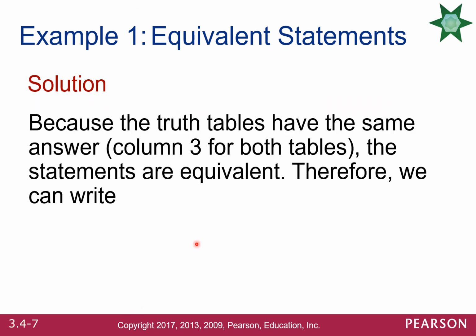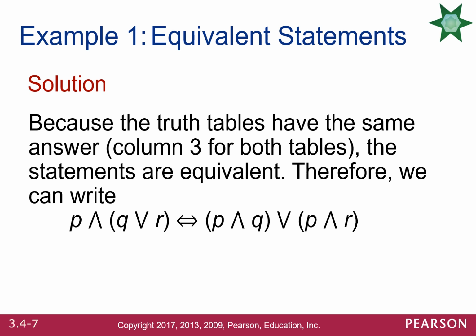Based on the truth table that we constructed, comparing the truth values of the two statements given to us, P and Q or R, and P and Q or P and R, we found that the final truth values were exactly the same. So we come to the conclusion that the two statements are equivalent, and we denote that using the symbol, which is a broad bidirectional arrow.